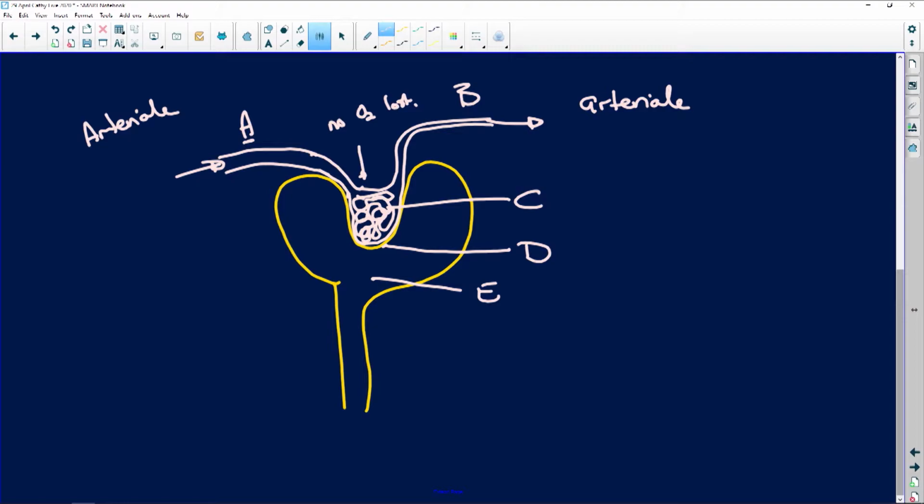Now remember, when a vessel moves away from the heart, it is carrying oxygenated blood, number one, and it is carrying nutrients to give to the rest of the body. So when it moves away, it is an artery.